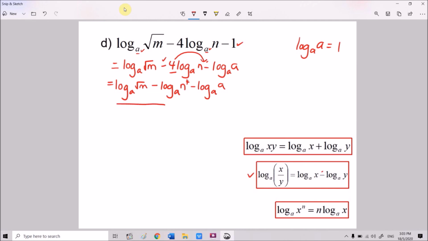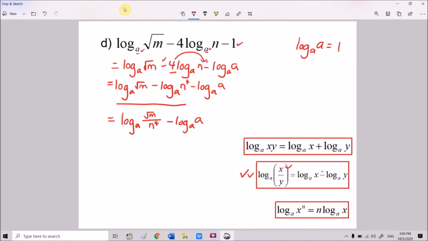So we try to simplify this part first by using the division law here. So you have log base a of square root of m over n to the power of 4 because of this. And we still have minus log base a of a.